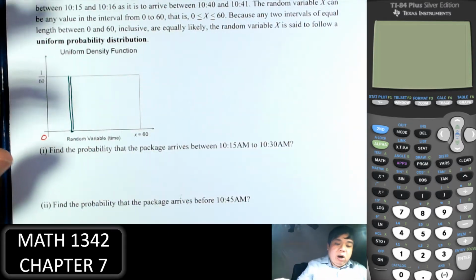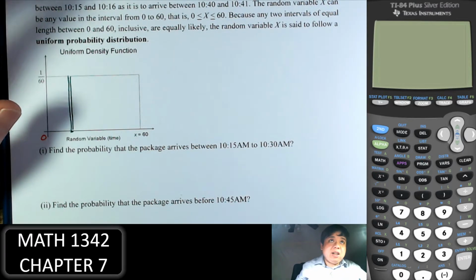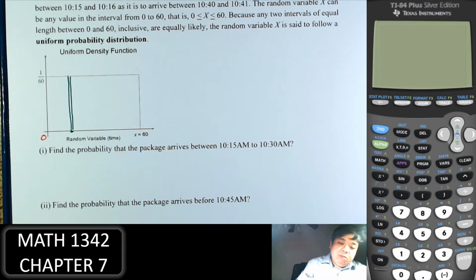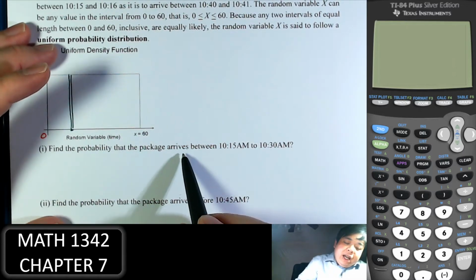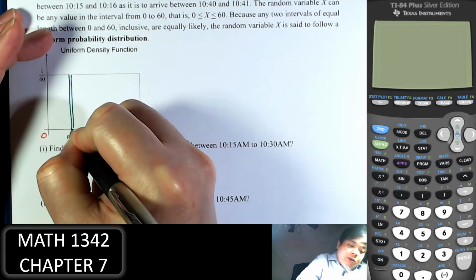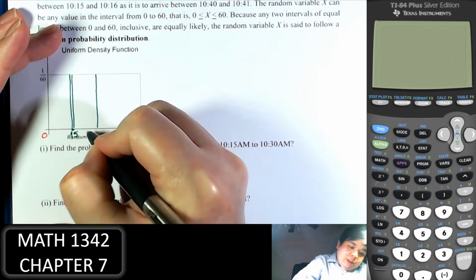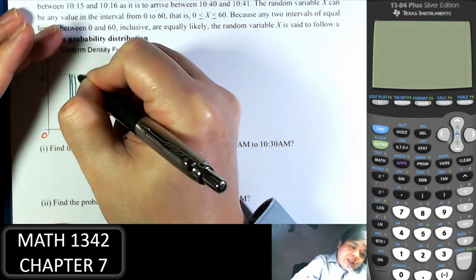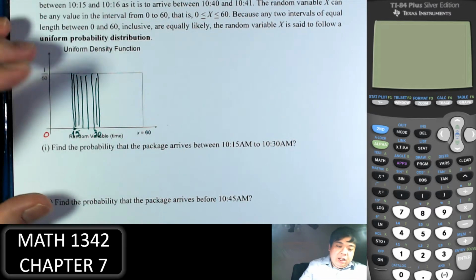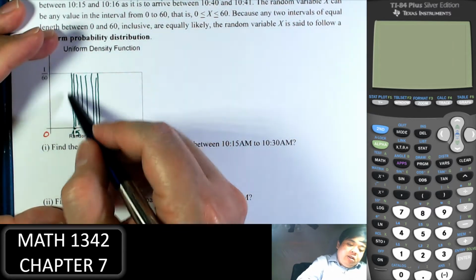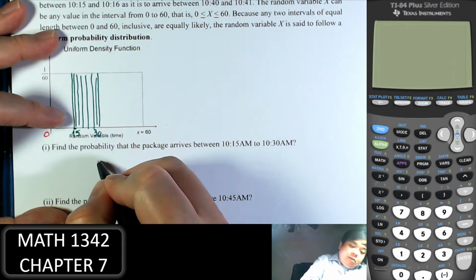And if we want a certain interval, then we just find the area of that, and then divide by the whole thing. Right. Here, find the probability that the package arrives from 10:15 to 10:30. So from the 15-minute mark to the 30-minute mark. If we want to find the probability here, we find the area from 15 to 30. The width is 15.